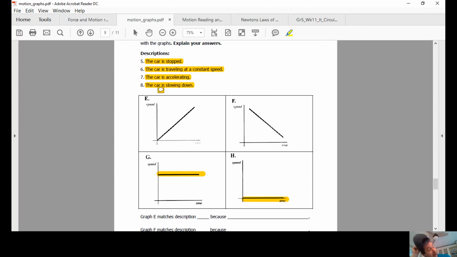Number 7, we've got to show a car gaining speed. Well, just think of up and away. We're gaining speed. The speed is getting faster because it's going up. And then this is decelerating or slowing down. We're losing speed. So speed to me is easier out of the two.